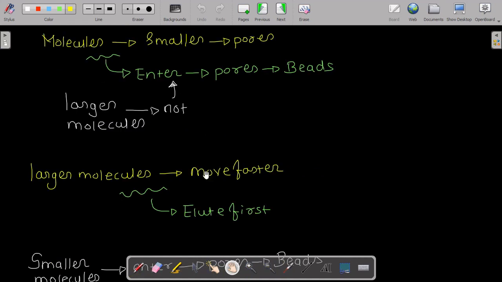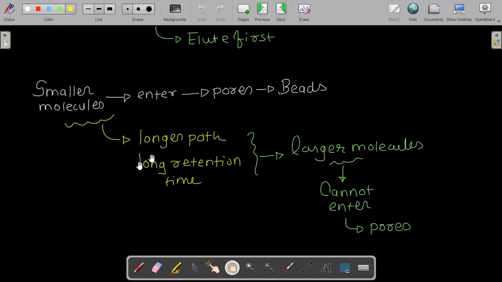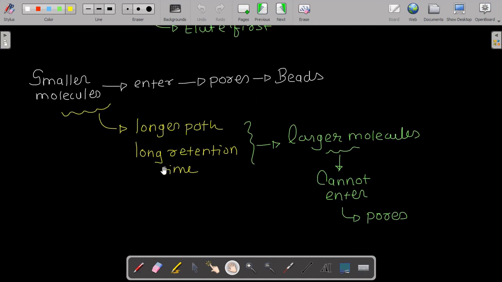That is why the larger molecules will move faster and elute first, and the smaller molecules which have entered the pores will take a longer path and a longer retention time as compared to the larger molecules which cannot enter the pores.